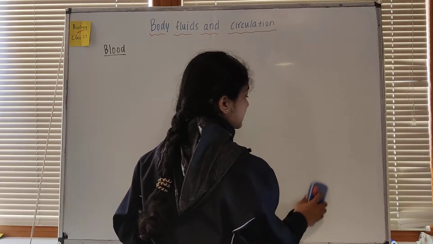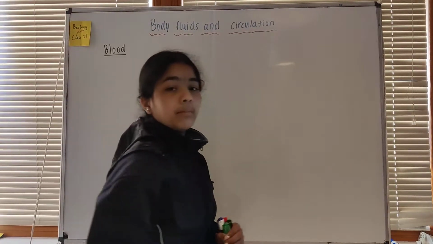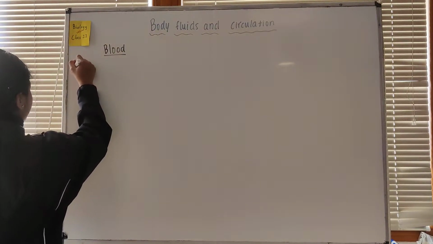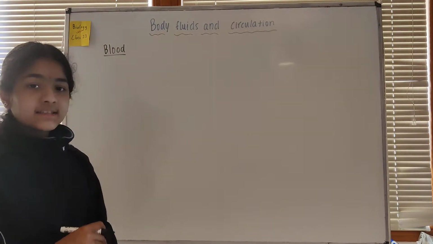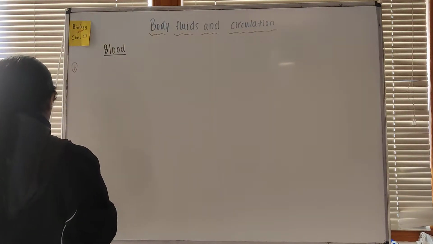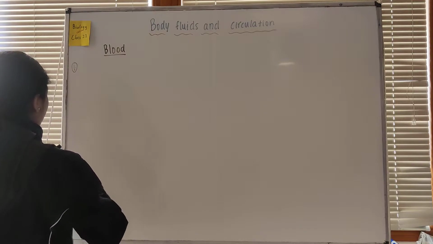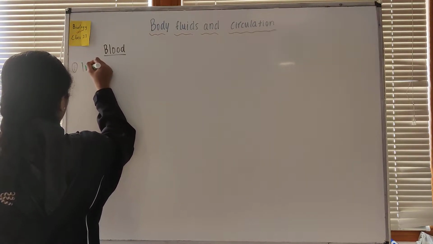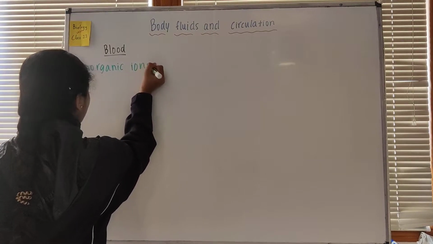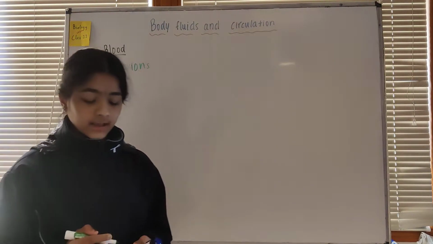So now we'll discuss the composition of the blood, what blood consists of. First, it has some inorganic ions.